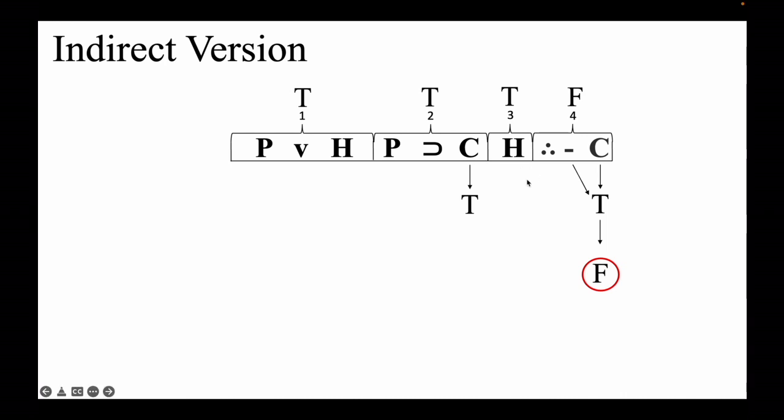The next thing is the H. Very simple. It's a simple statement, so I can confirm that H is true. And now I'm going to have to plug in the H. At this point, however, I ask myself, what do I do with P? Because there's no indication as to whether P is true or false. So in this case, what I do is a trial, a couple of trials.